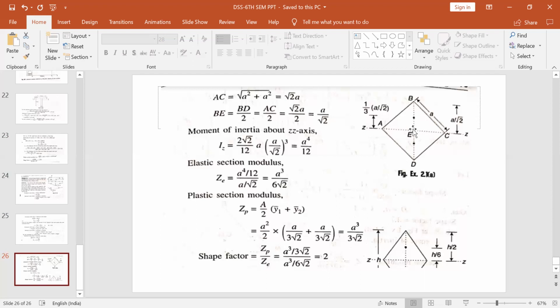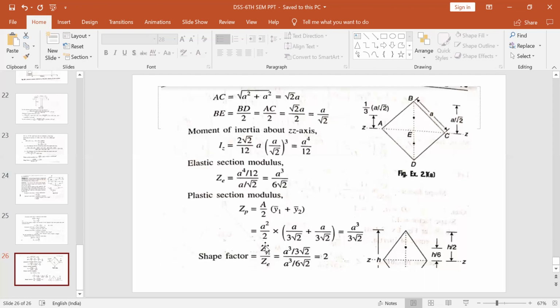So the distance of the centroid from the base is one third of this height. What is this height? A by root 2. So from geometry we know this distance will be one third of this, so one third of this is A by 3 root 2. This will be y1. Similarly, since this is symmetrical, y2 will also be the same, A by 3 root 2. So this gives Zp as A cube by 3 root 2.